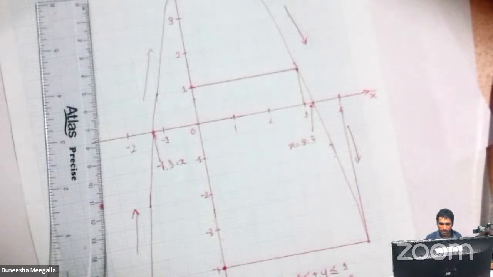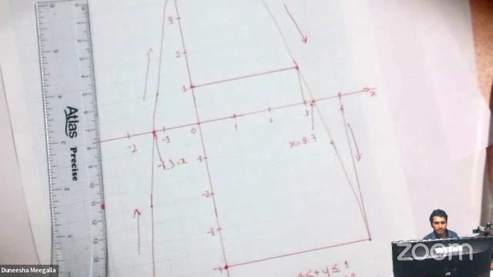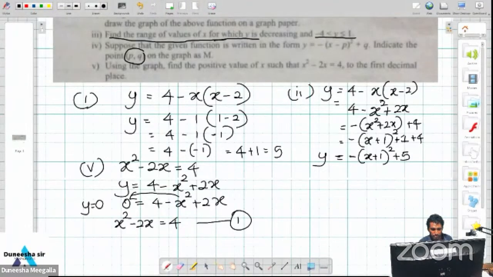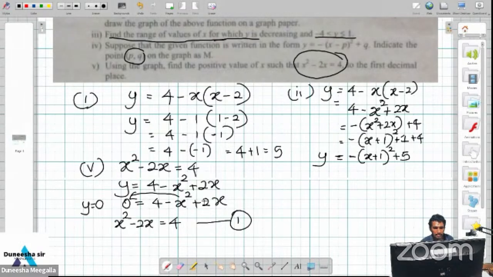Okay. What are the points when y is 0? Satish, you marked the points, right? When y is 0, you can see our equation is what we got here.